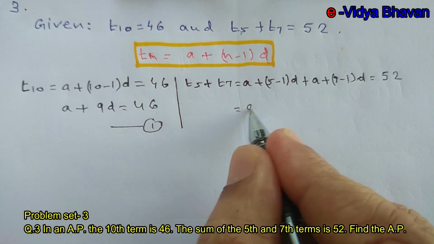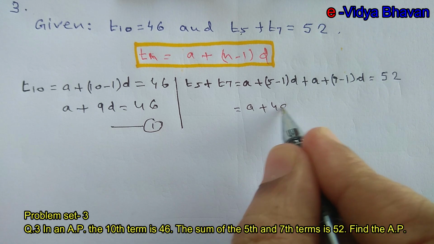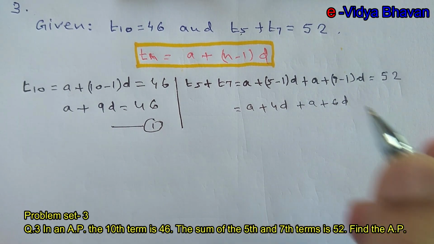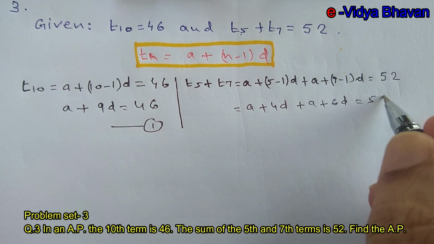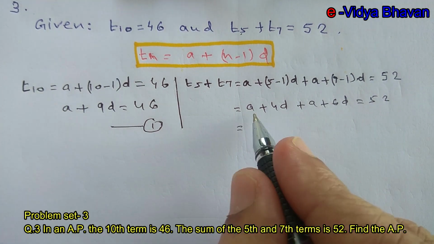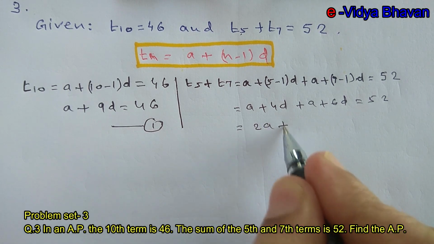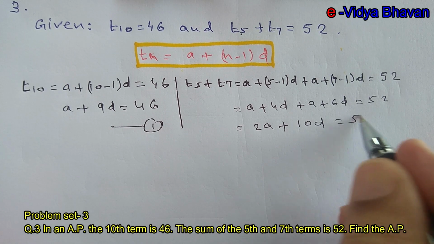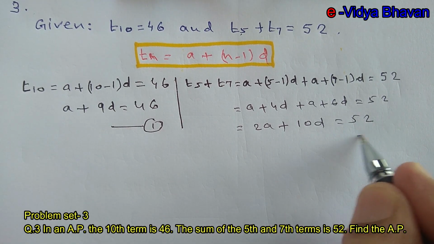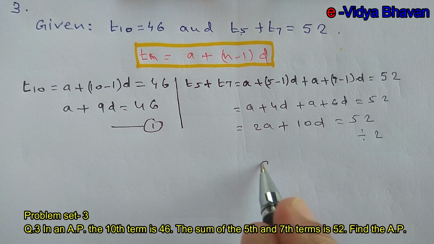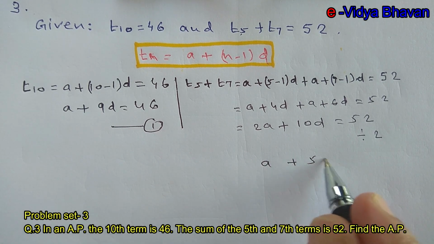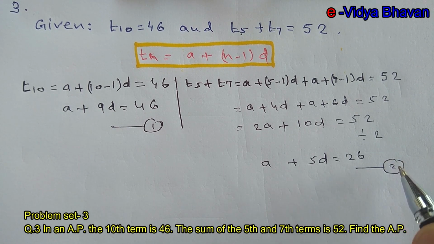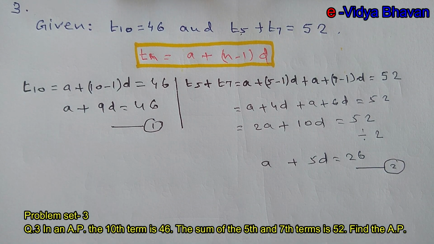That is a plus 4d, a plus 6d equal to 52. A and a will give me 2a, 4d plus 6d will give me 10d equal to 52. Divide by 2, this will further give me a plus 5d equal to 26. And this will be our second equation.